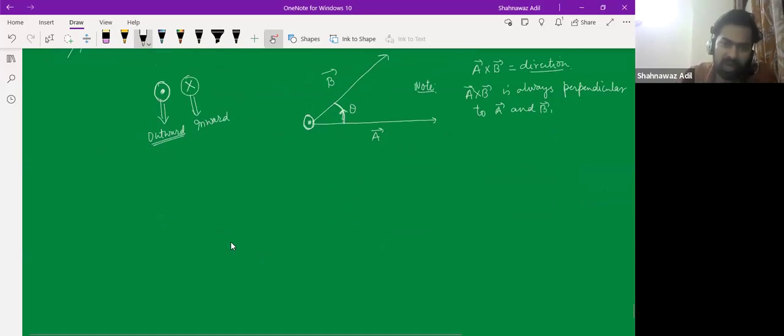And if I want to ask you, what would be I cross J? Can you tell me what would be I cross J? So let's say I cross J is the magnitude of I, the magnitude of J, sine of the angle between them, and then n hat.